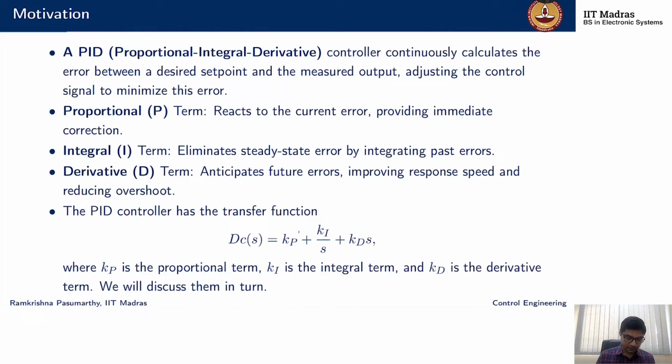I have a proportional component, and the reason I call it proportional, derivative and integral is that each of these components you can see here: 1 over s acts as an integral term, and multiplication with s serves as a derivative term. So this controller continuously calculates the error between the desired and the actual output, and adjusts the control law to minimize this error. We'll see how the proportional, integral, and derivative terms each contribute to the overall control action.